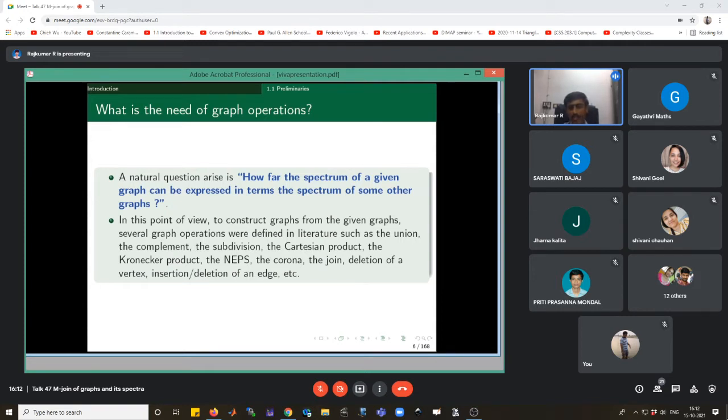We will show that these graph operations generalize all these kinds of operations within the literature, and of course we have obtained the various spectra of these.